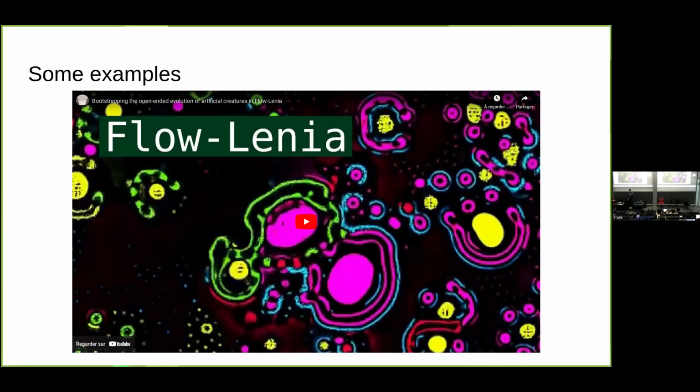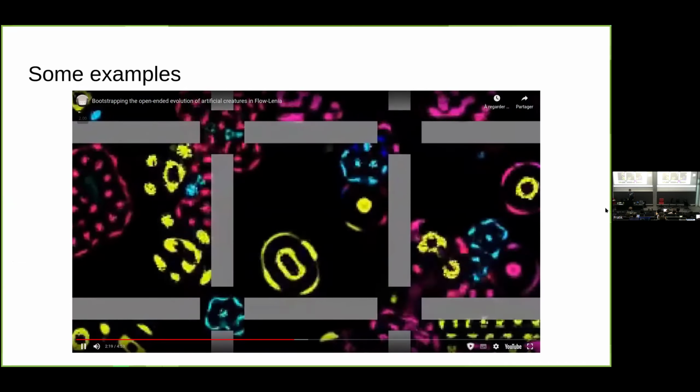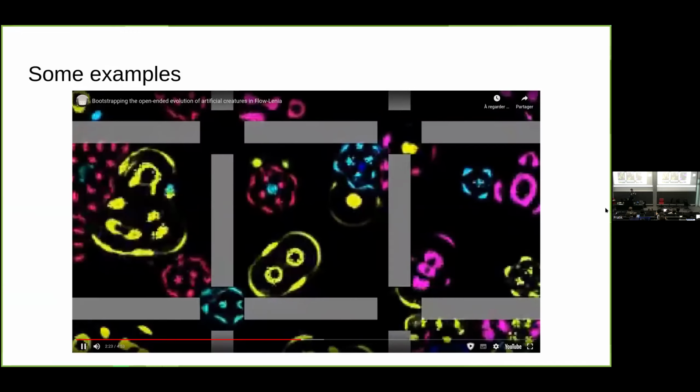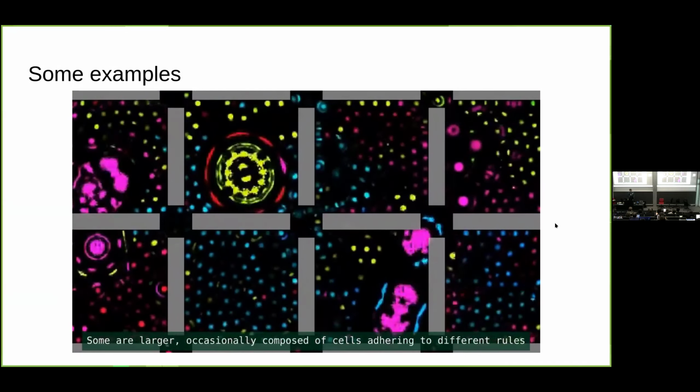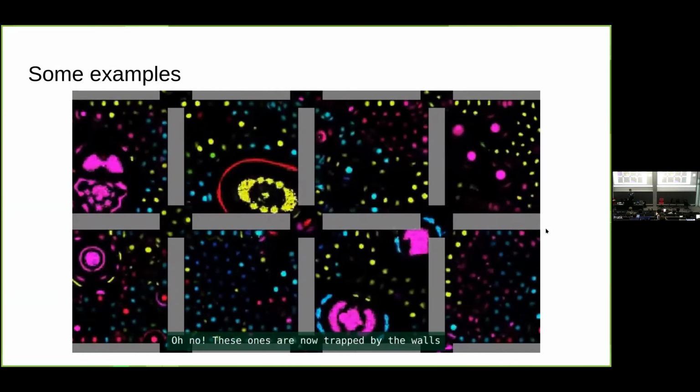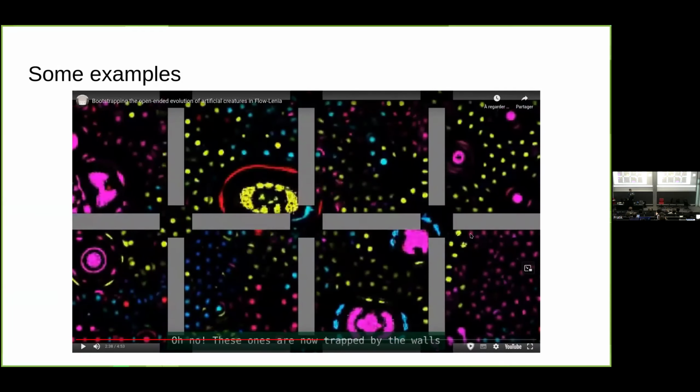Here are some examples that were obtained by running simulations with this kind of rules. We end up with a very large variety of patterns, like some are big. Remember that the colors are associated to the parameters and dynamics of the cellular automaton.